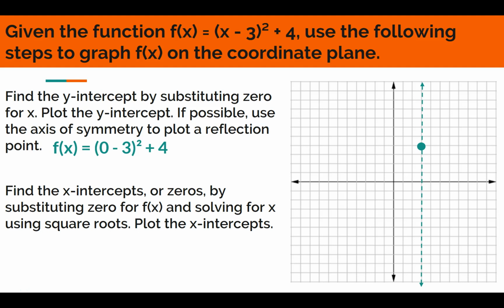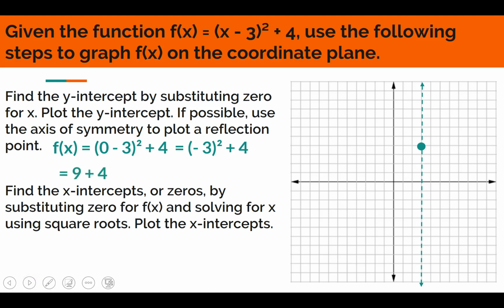Okay, so make our x 0. What is 0 minus 3? Negative 3. Good. Then we're going to do negative 3 squared, which is 9.